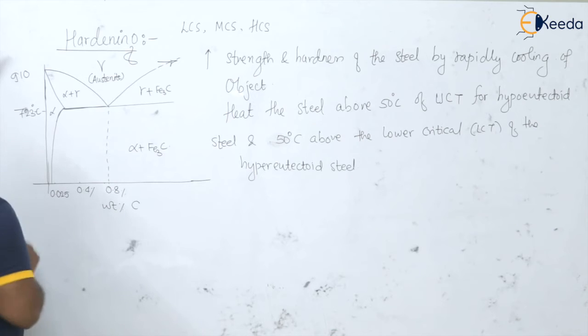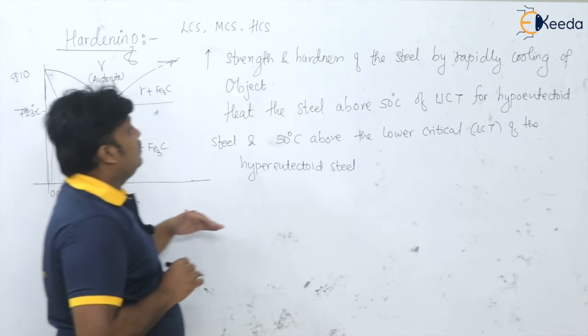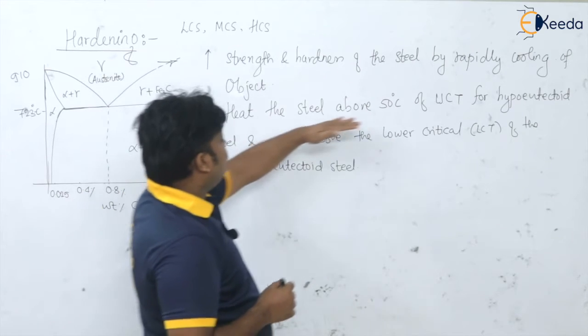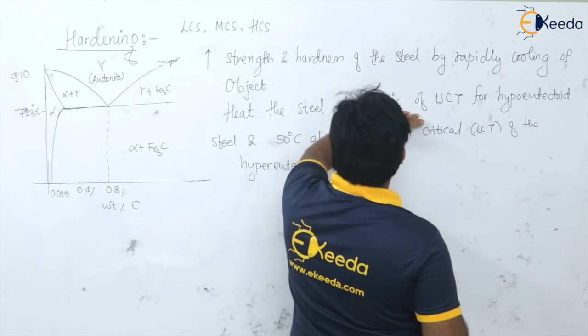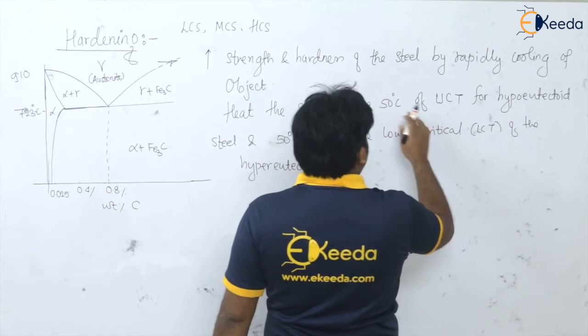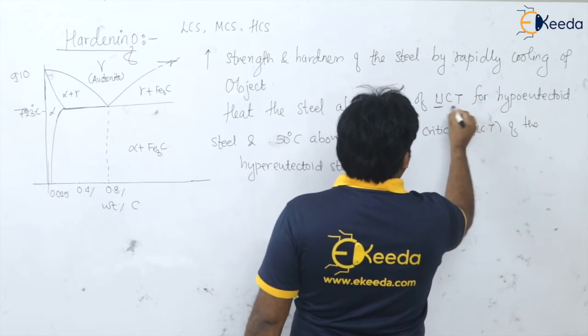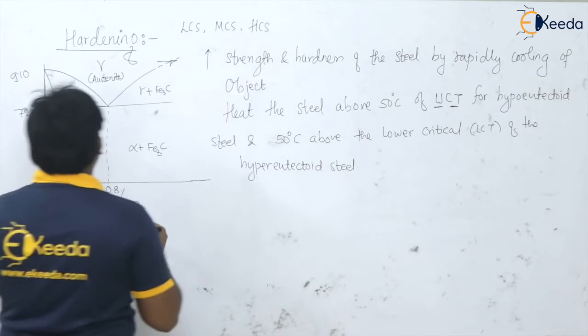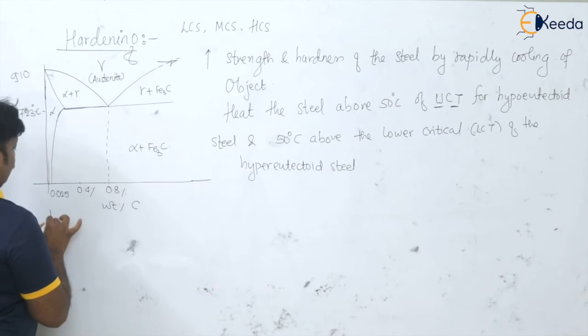Now see the heating range. We are heating the steel 50 degrees centigrade above the upper critical temperature.